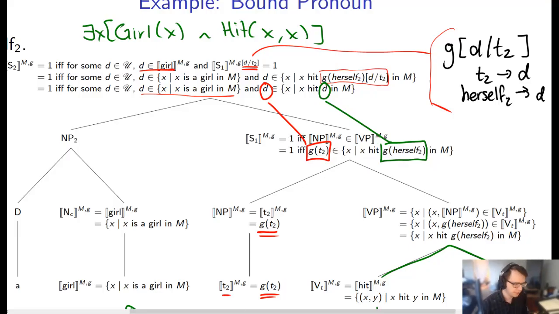Are there any questions about this process? So for the second line, D is in the set of X, X hit G of herself and D of T2. Why isn't the D slash T2 on the superscript, but on the same line?